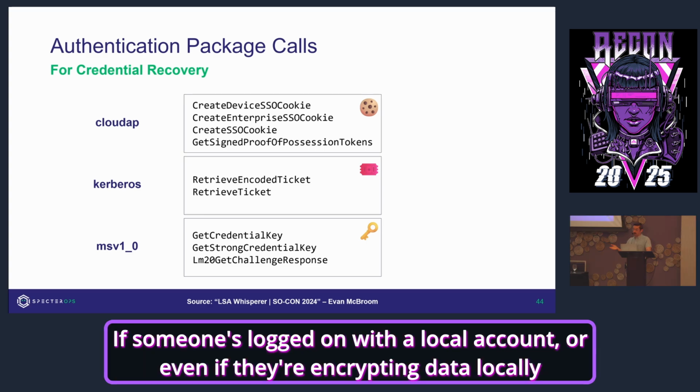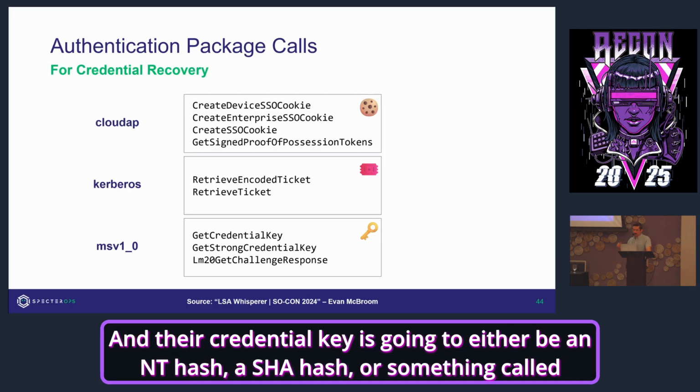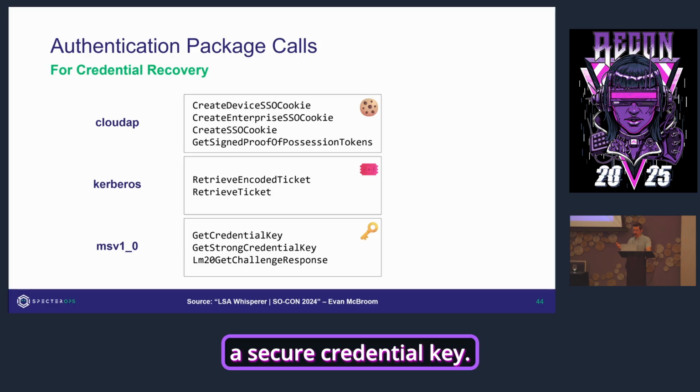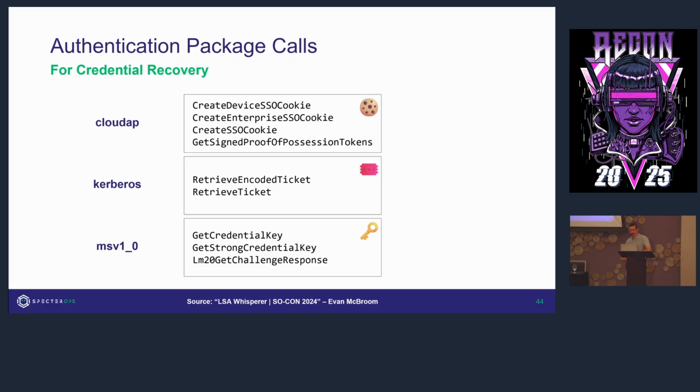If someone's logged on with a local account, or even if they're encrypting data locally with DPAPI, you can use a few APIs from MSV1 to get their credential key. And their credential key is going to either be an NT hash, a SHA hash, or something called a secure credential key. All that matters is you can use it to decrypt DPAPI data.